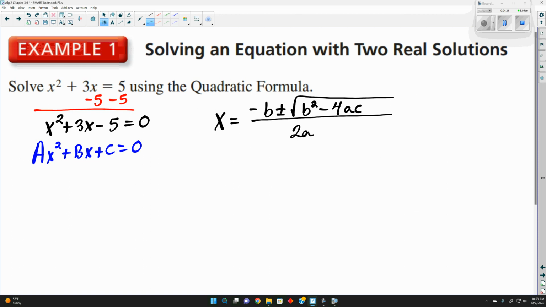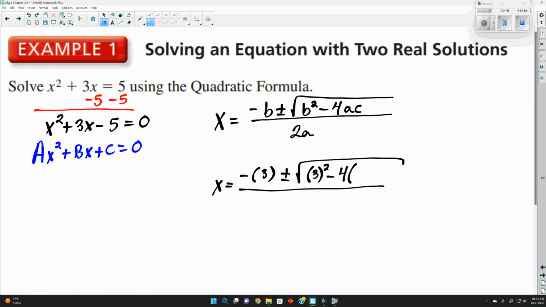So b is 3, and we'd have negative 3 for our negative b, plus or minus the square root of 3 squared minus 4 times a. Well, a is what? 1, because it's the number in front of x squared.